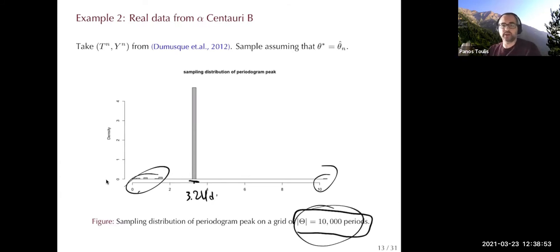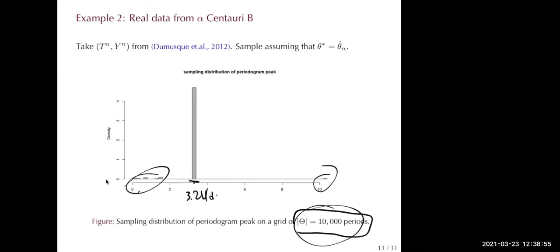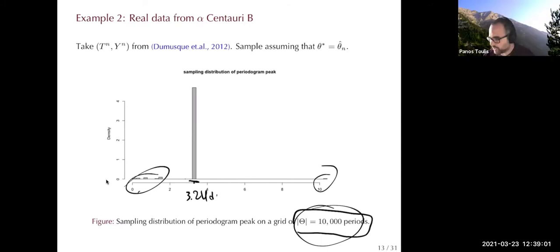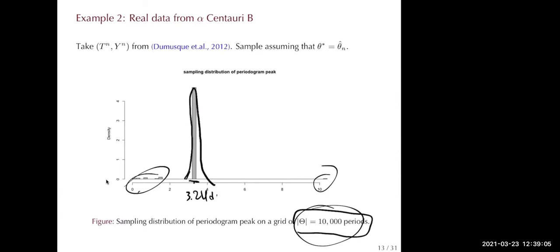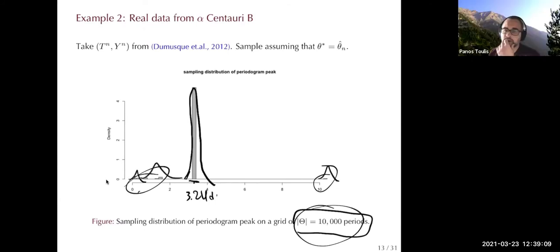If you keep increasing around 3.24, that huge bar wouldn't turn into a very narrow peak. Yeah, it might. If I have more thetas, it might look like this here. But we might also get things like that. So we're not escaping this problem of multiple peaks.